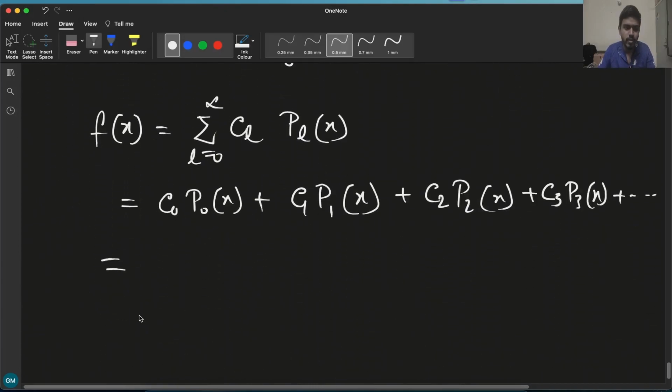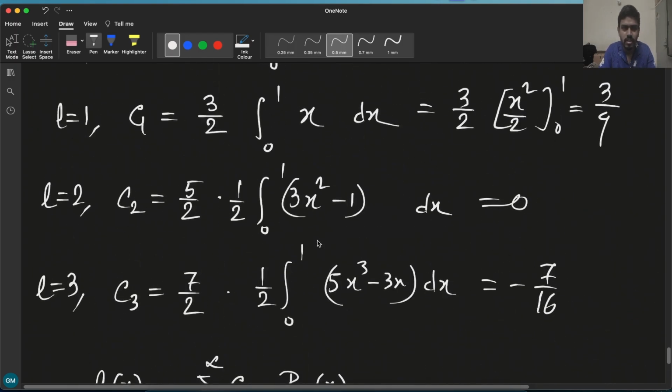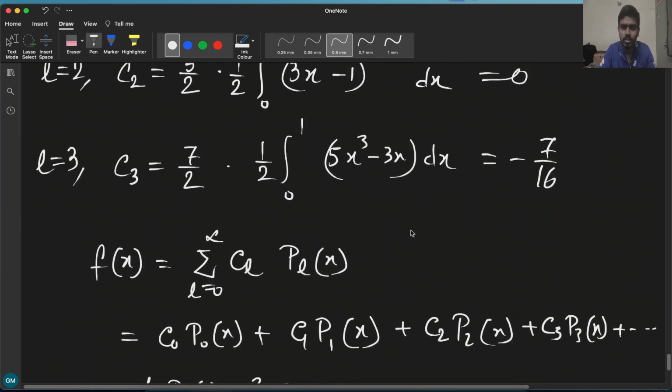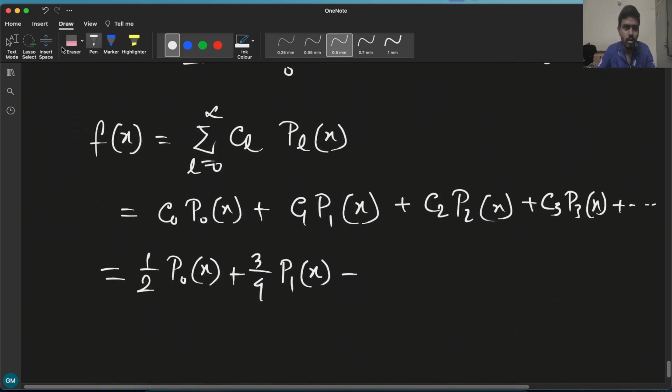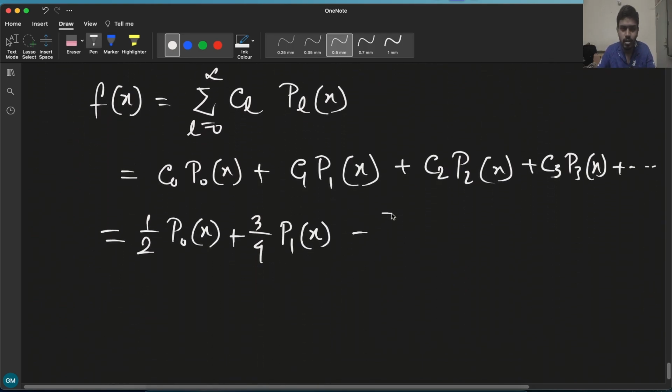So it is basically half P0(x) plus C1 is 3 by 4, 3 by 4 P1(x) plus C2 is 0, right? So I will not write this term, and minus C3 is minus 7 by 16, so it is minus 7 by 16 P3(x) plus dot dot dot.